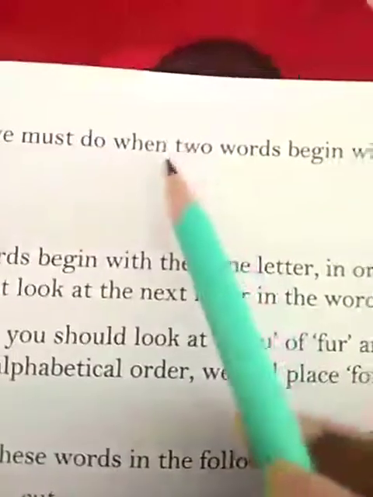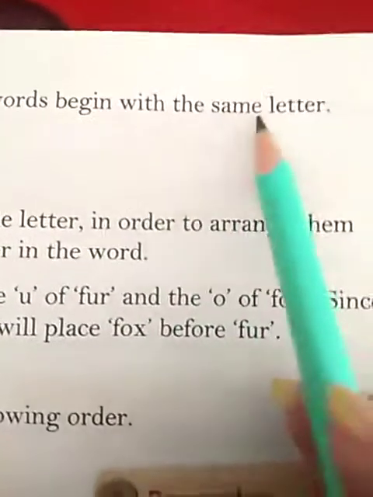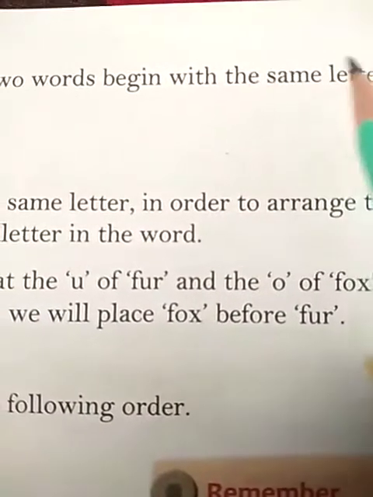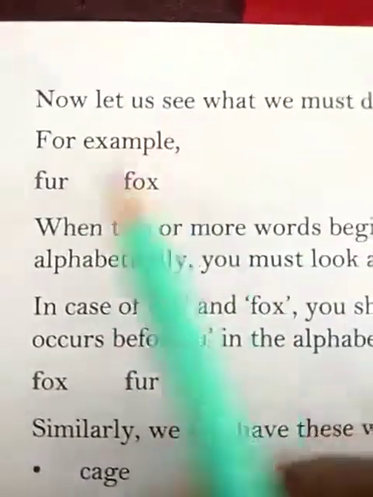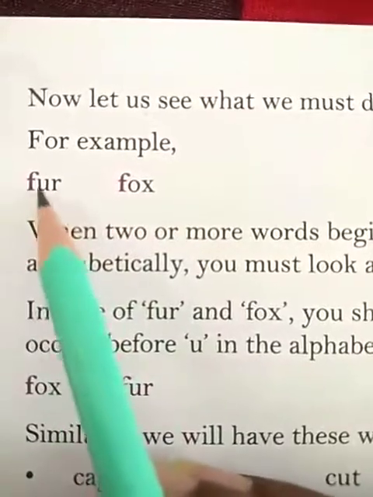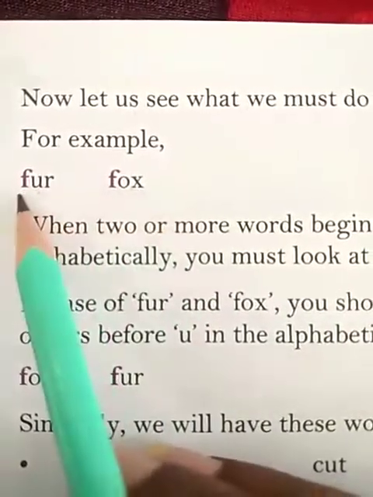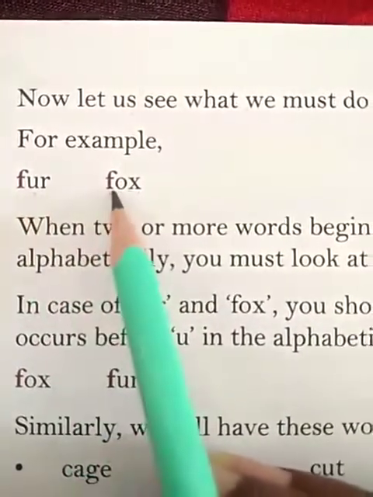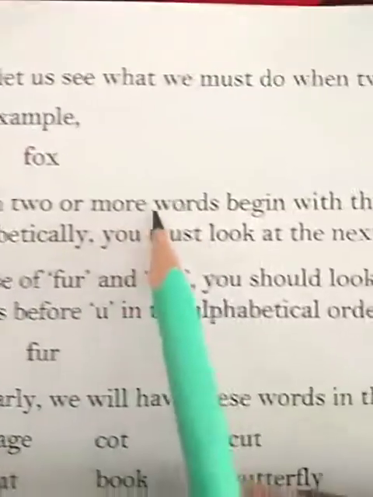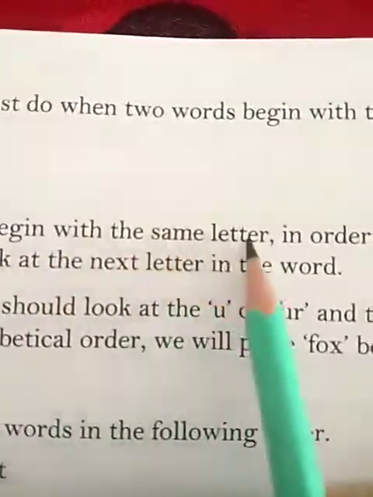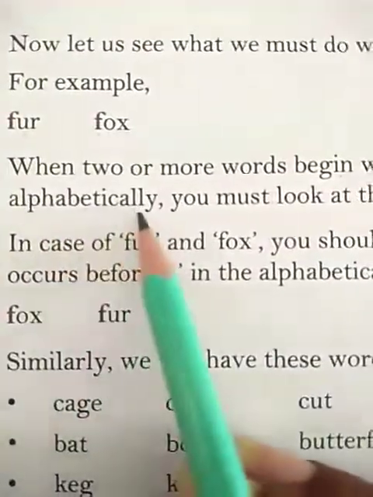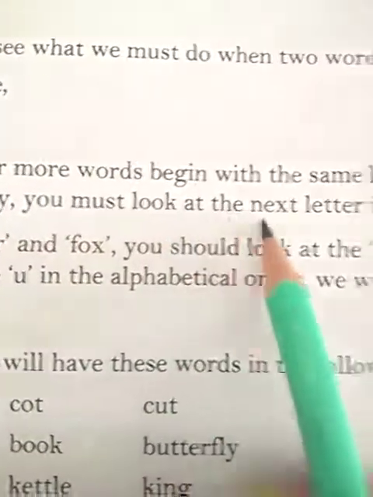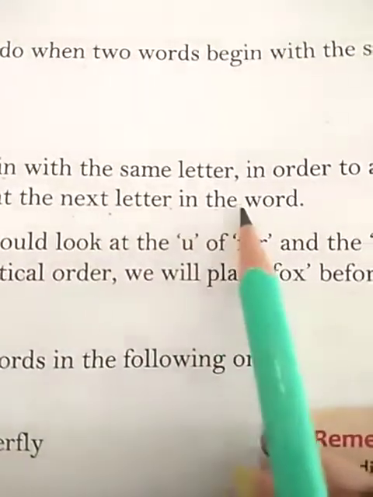Now let us see what we must do when two words begin with the same letter. Suppose we have two words that begin with the same letter, then what will we do? For example, fur, fox. Here fur and fox, both words start with the same letter, that is F. When two or more words begin with the same letter, in order to arrange them alphabetically, you must look at the next letter in the word.